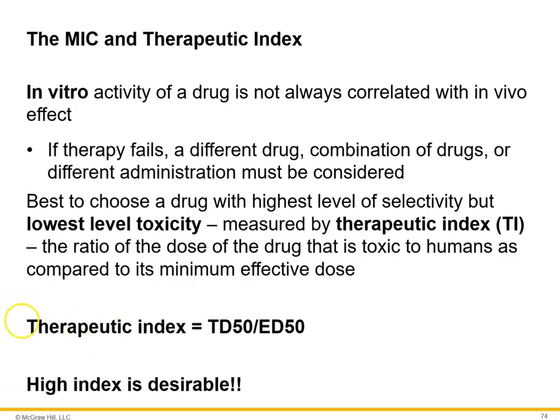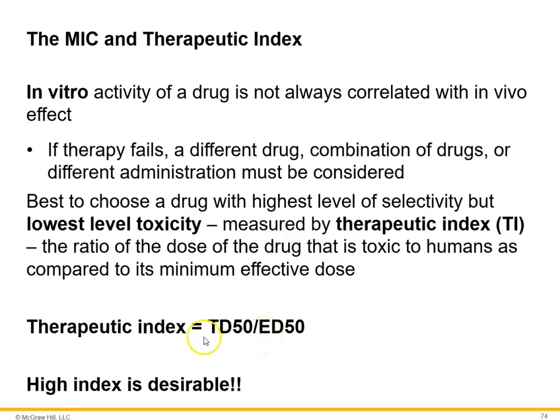You can express the therapeutic index this way, mathematically. This is the toxic dose, the dose that causes toxicity in 50% of people, divided by the dose that is effective in 50% of people.